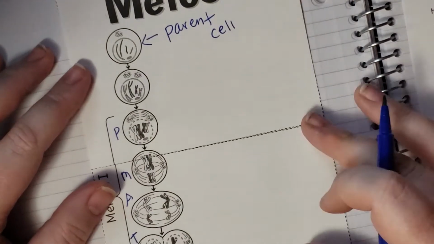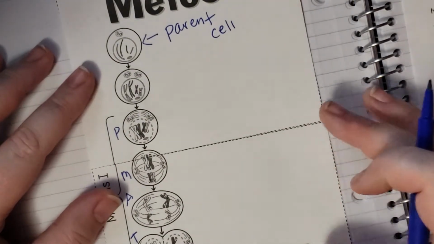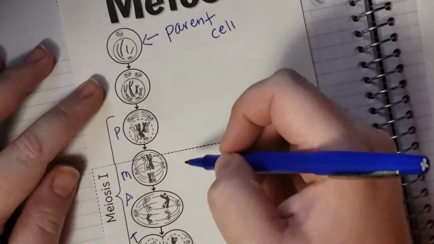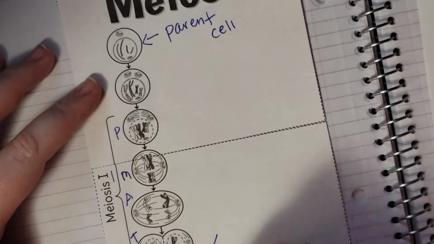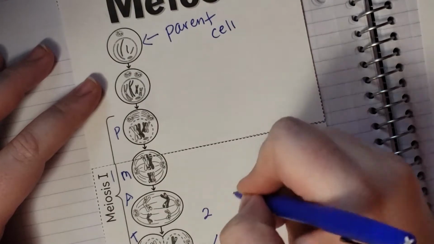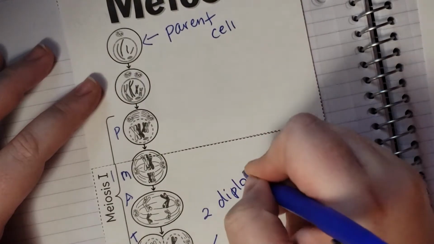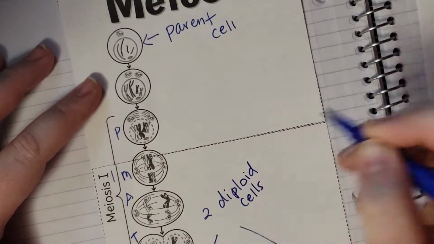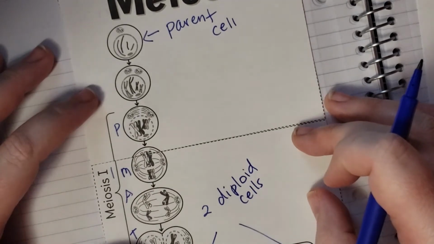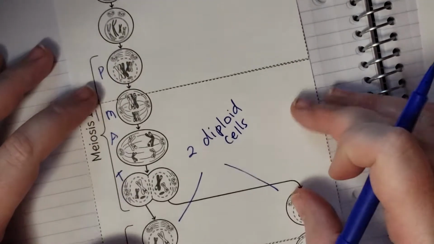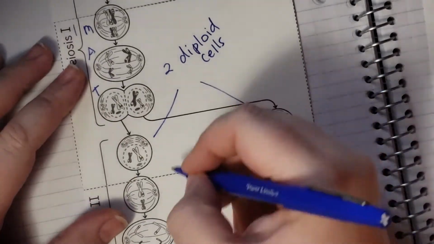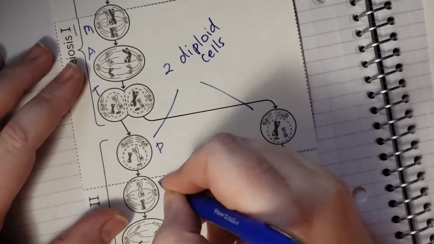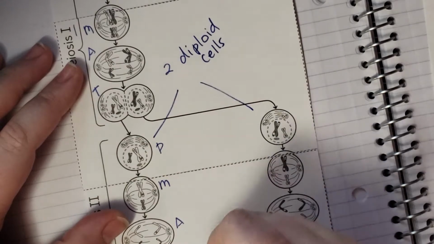The difference between meiosis and mitosis is that instead of doing this one time and getting 2 diploid cells, it's going to do it a second time without replicating its DNA, and you're going to end up at the end with 4 haploid cells.